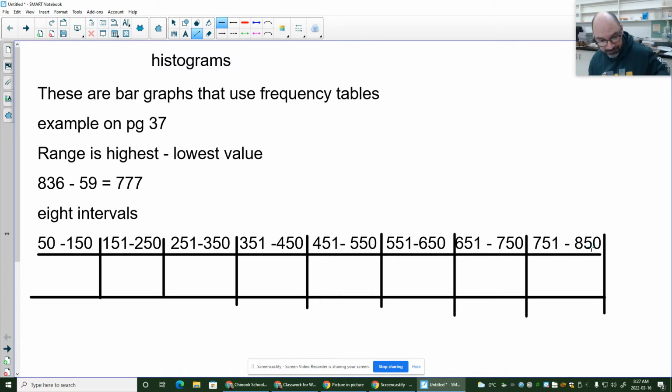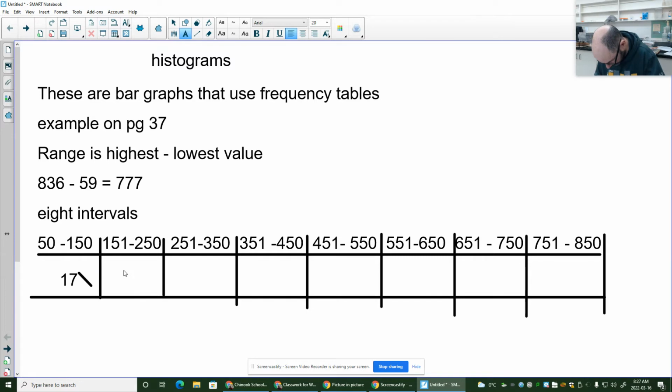I got 17 of them from 50 to 150. So that's in here. 17.